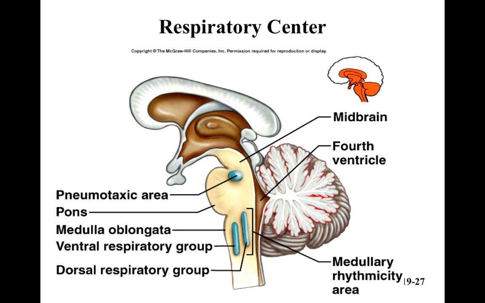Okay, respiratory centers. We've talked a lot about the respiratory centers, or we've introduced those in chapters 11 and 12. Those respiratory centers are the ventral respiratory group and dorsal respiratory group in the medulla.